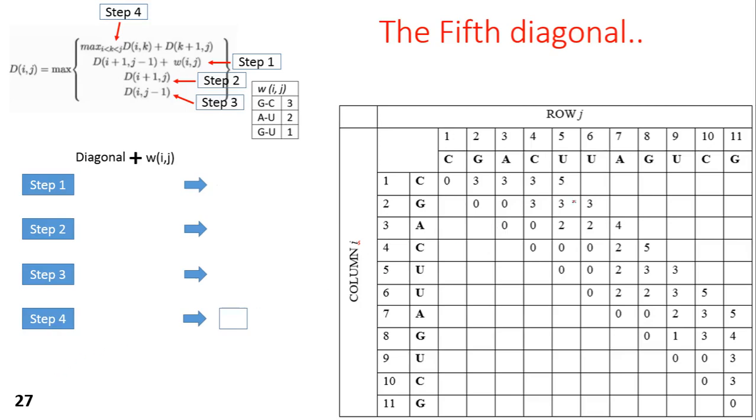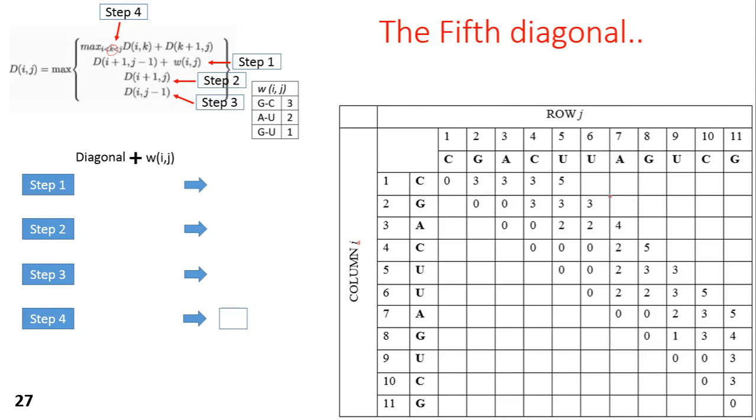Okay, why? Because as the number of your diagonal increases, you would get farther from the main diagonal, and as you get farther from your main diagonal, the number of terms for calculating step 4, that is the number of k, would eventually increase in your algorithm.